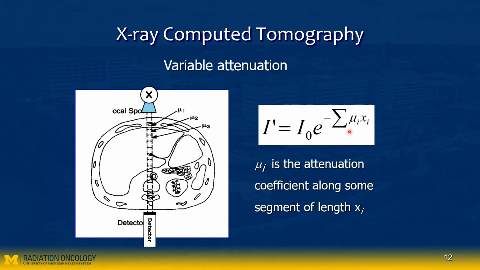You can use this simple equation where you sum all these individual pixel properties with the pixel size. Here mu i is the attenuation coefficient along some segment i, with the length x i. So if you have 10 different materials with a fixed size of, say, 0.5 cm, you can calculate the total attenuation by using this equation.